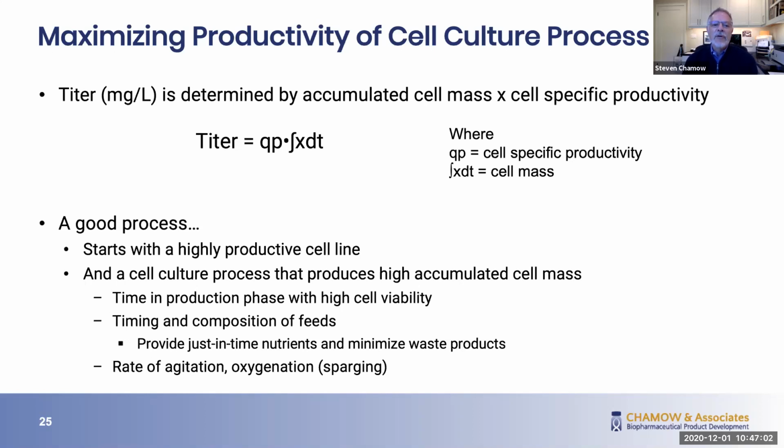The time in production phase with high cell viability, we try to maximize this. The timing and composition of feeds, we want to provide just-in-time nutrients and minimize waste products. And the rate of agitation and oxygenation. All of these are the levers that we have to pull in a cell culture process in order to maximize the integral of x dt term.